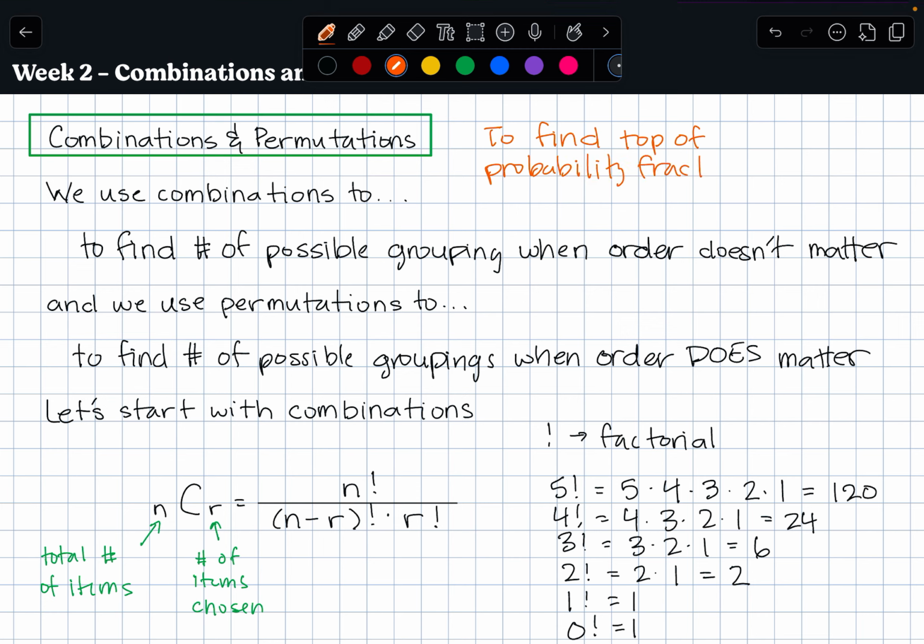So in the last video, we talked about the fundamental counting principle. That helps us find the sample space, which is the bottom of the probability fraction. Combinations and permutations are usually helpful in finding the numerator. How many ways does this specific event occur? And that's the top of our probability fraction.